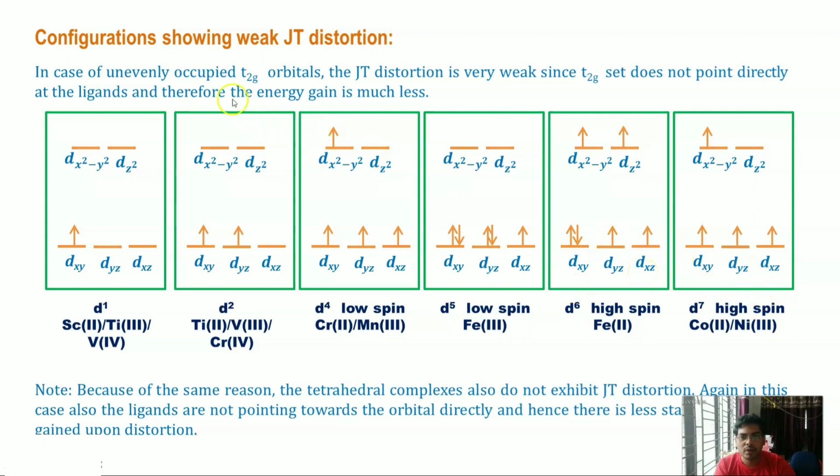So these will make insignificant Jahn-Teller distortion. Now there are two kinds of distortions. As I told you, the bond along the z axis can be elongated or contracted. Depending on this, we term these two distortions z-out distortion and z-in distortion.